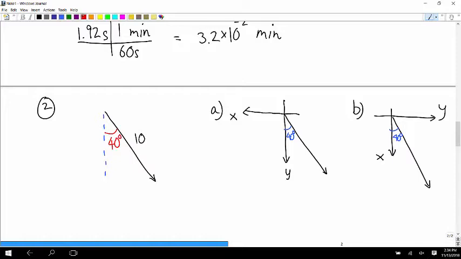And now the angle that you want goes from the x-axis, whichever one you're using in that problem, to the vector. So that's the theta that you want for part A. That's 90 plus 40. So theta is equal to 130. For part B, you're just going straight from the x-axis to the vector. So your theta in this one is just positive 40.